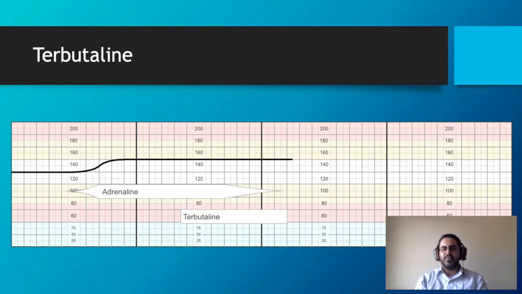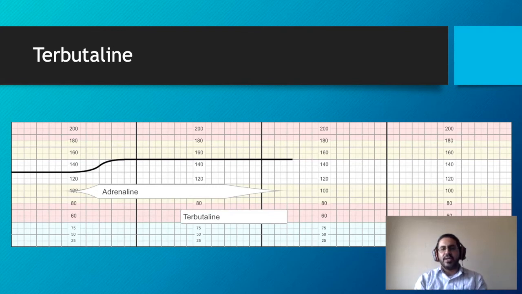Now, if you have been monitoring her properly and the mum has a pulse oximeter on, you would notice that mum's heart rate has gone up after your terbutaline. That basically tells you that terbutaline is now working. Okay, so first sign, her heart rate goes up and contractions space out. That means that you have a maternal response to terbutaline first.